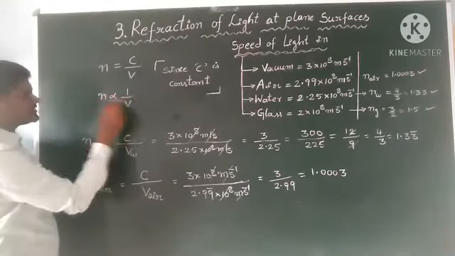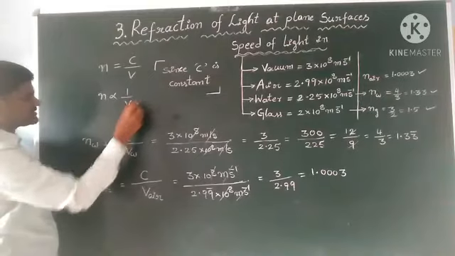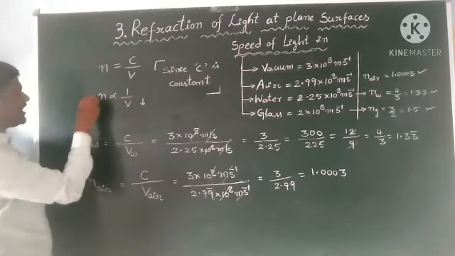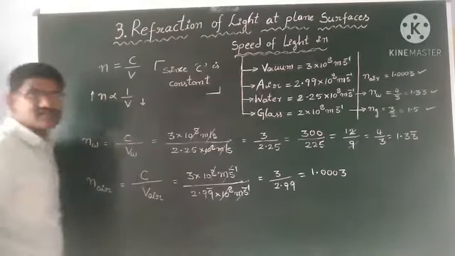This means if the speed of light in a medium is less, it will have a higher refractive index.